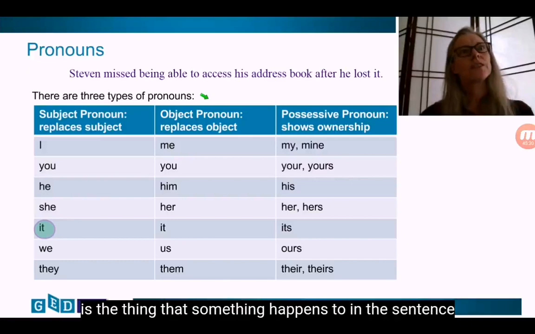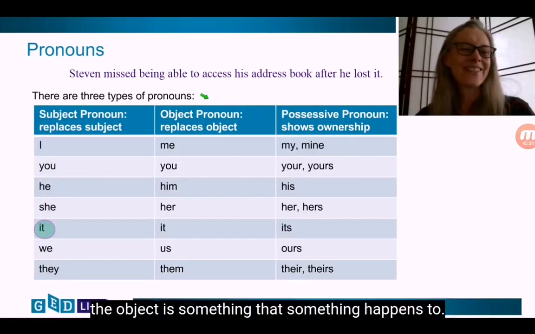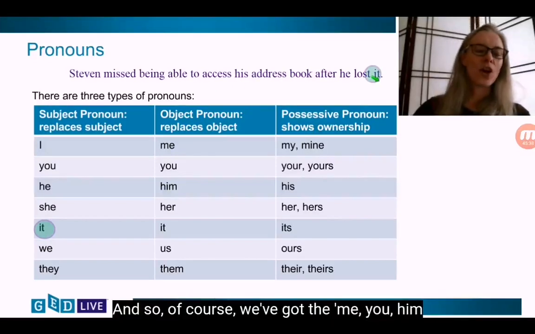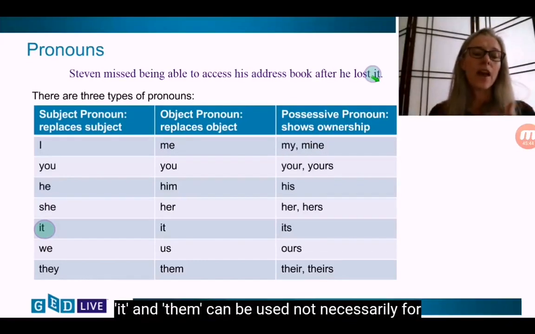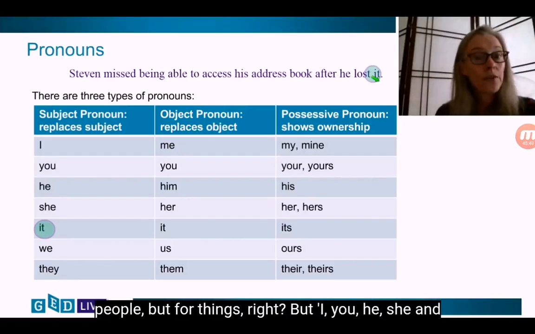So it can also be a pronoun that acts as an object. An object is the thing that something happens to in the sentence, right? And so, of course, we've got the me, you, him, her kind of personal pronouns, and then it and them can be used not necessarily for people, but for things, right?